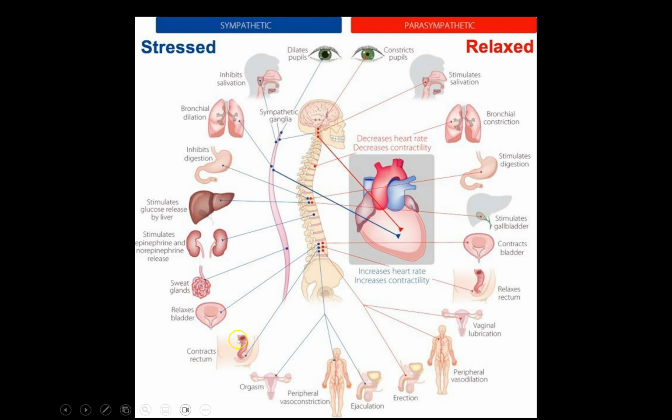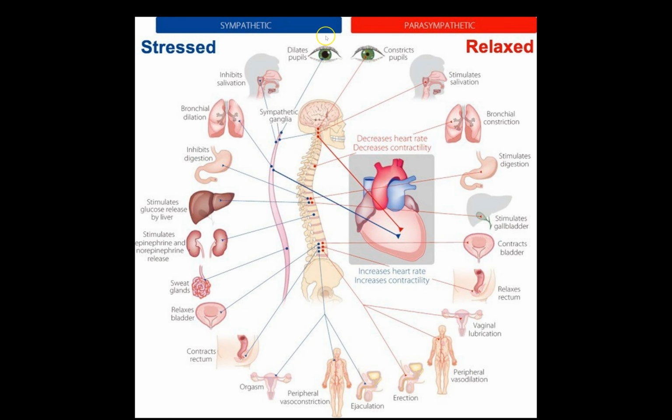You get contraction of the rectum. For the genital organs, in females sympathetic is responsible for the orgasm, and also for the ejaculation in males, and peripheral vasoconstriction. The opposite, of course, when you are relaxed, as we'll see later on.